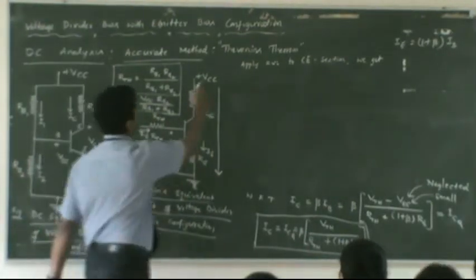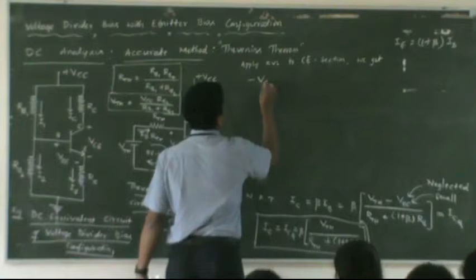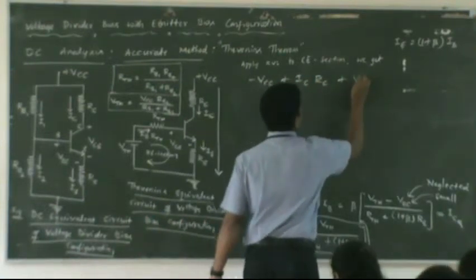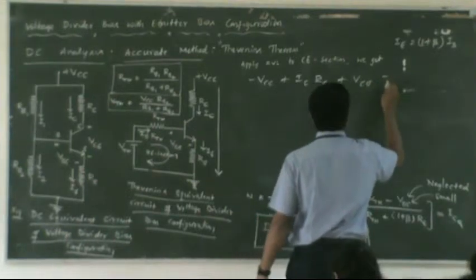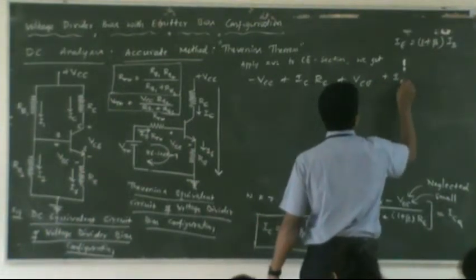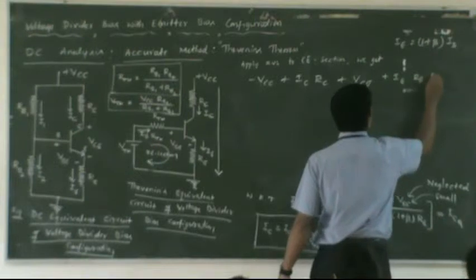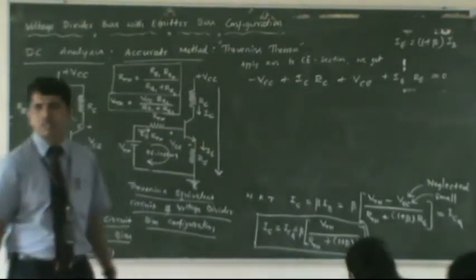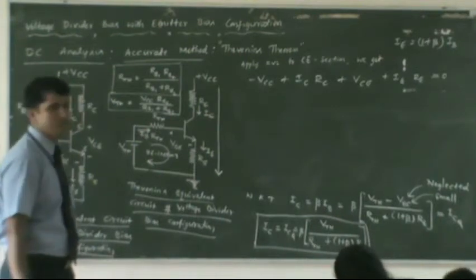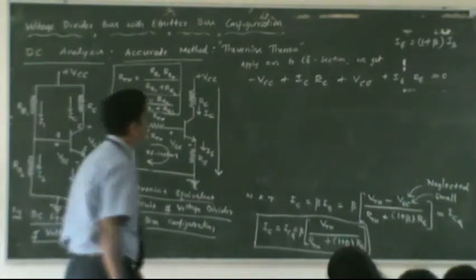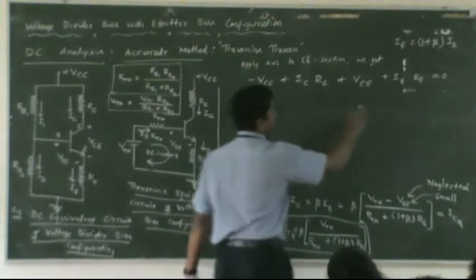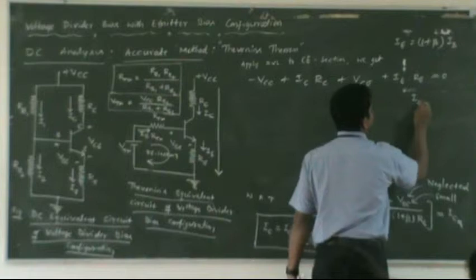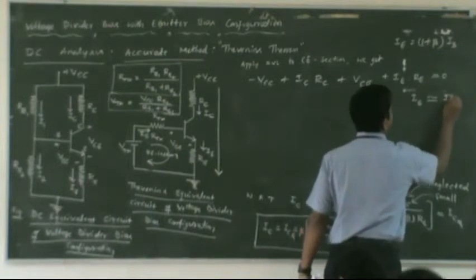Okay. See, this is minus VCC plus IC times RC plus VCE plus IE times RE, which is equal to 0. It's the same as the one we studied in the emitter bias circuit, right? Substitute IE, since IE is approximately equal to IC.